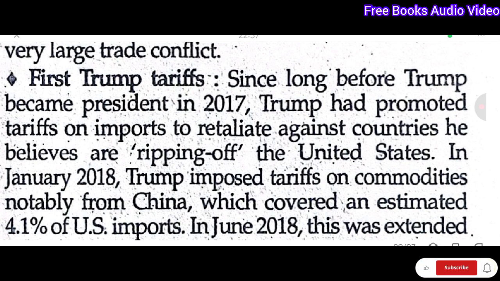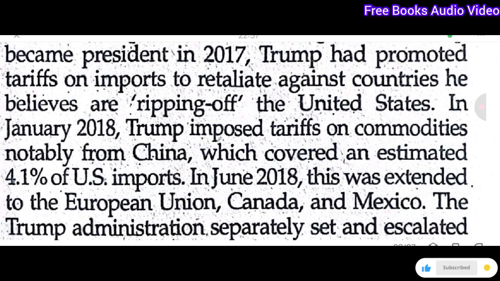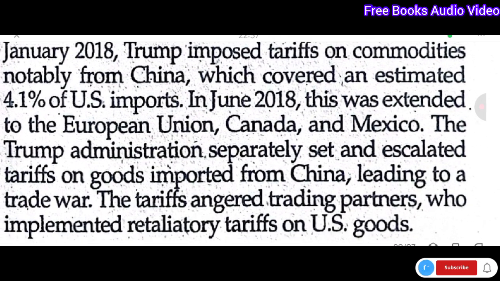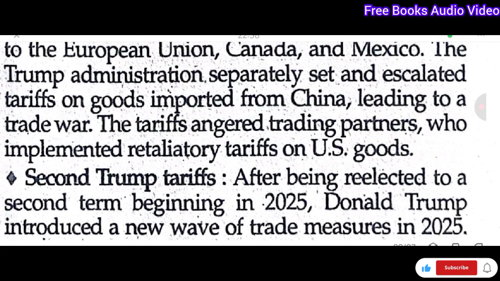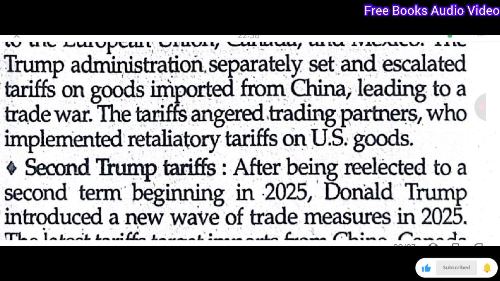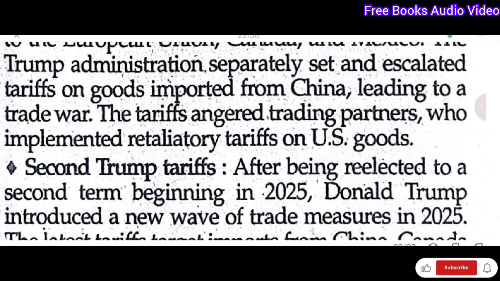In June 2018, this was extended to the European Union, Canada, and Mexico. The Trump administration separately set and escalated tariffs on goods imported from China, leading to a trade war. The tariffs angered trading partners who implemented retaliatory tariffs on US goods.